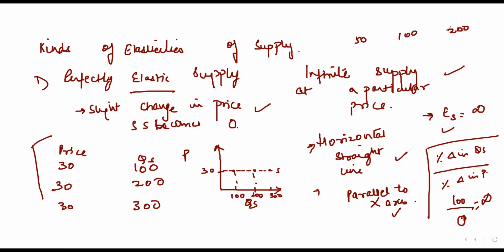So that is an exceptional situation. That's a remote example of perfectly elastic supply, though all the economists believe that this is a completely hypothetical situation because the supplier usually is not going to increase his supply at the same price. Okay. So this is the case of perfectly elastic supply, a horizontal straight line parallel to the x-axis. Got it?